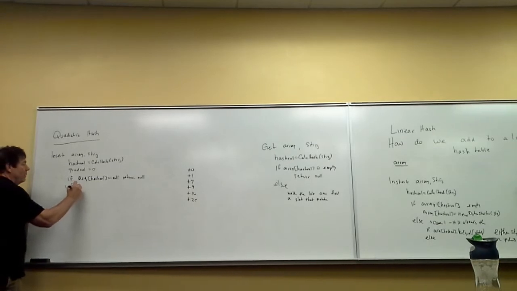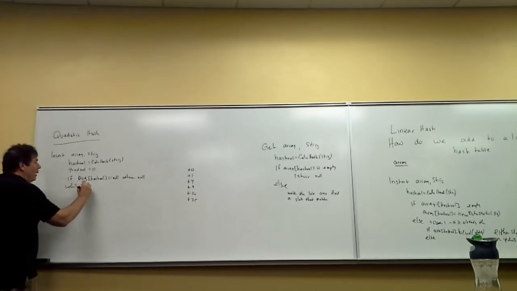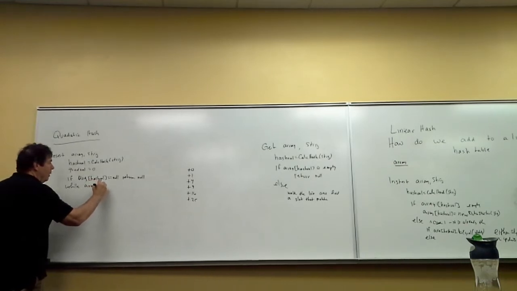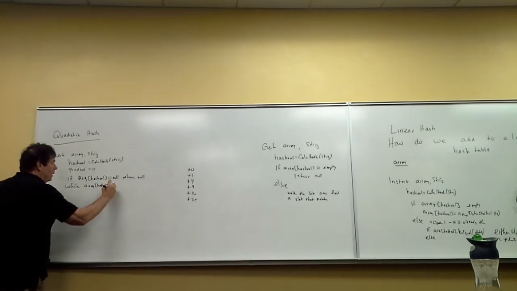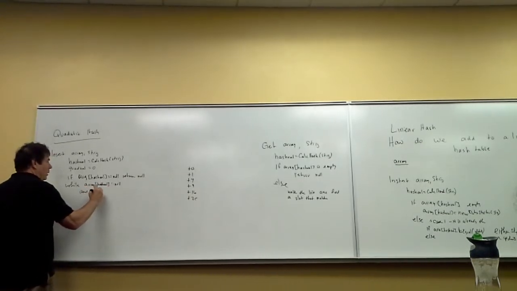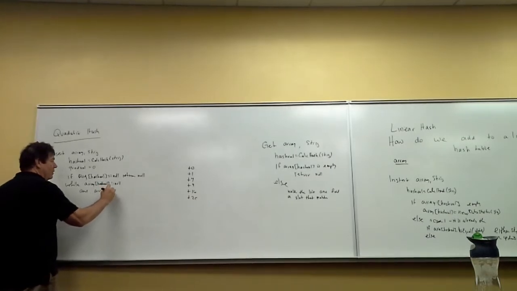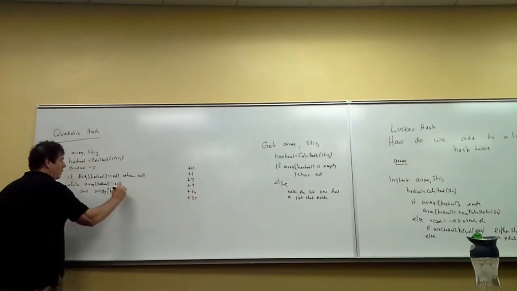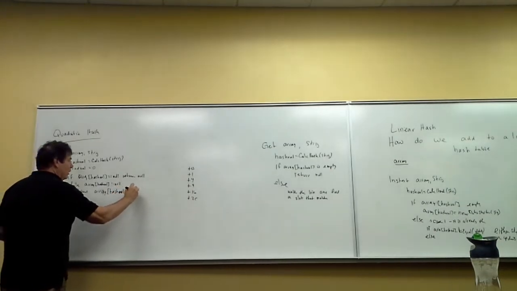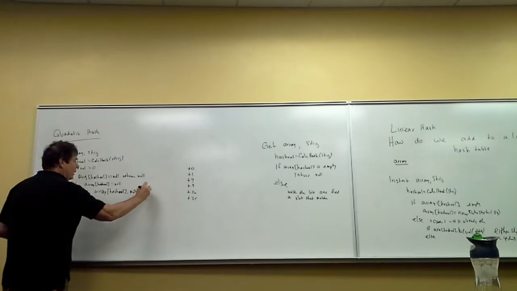While, so we know it's not starting off null. While array sub hash val does not equal null, and array sub hash val, something up here, matches string.